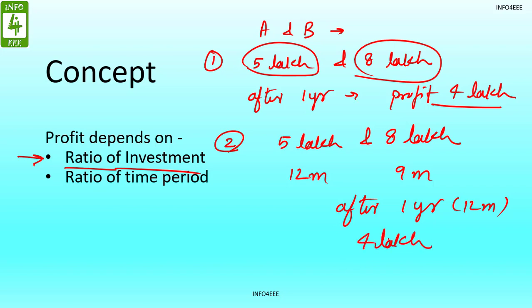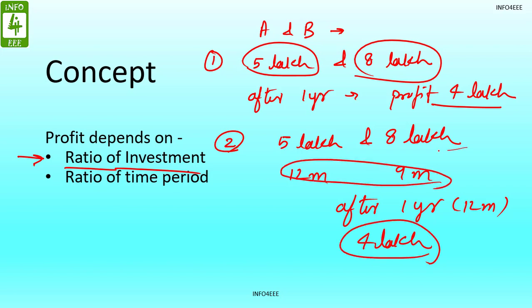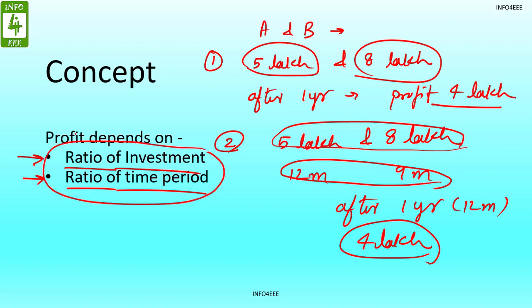Now in this case, this 4 lakh rupees will depend on the time as well as the ratio of the investment, both things. So the second factor of the profit is the ratio of the time period, right? So these two are the major factors on which the profit will depend in a partnership.